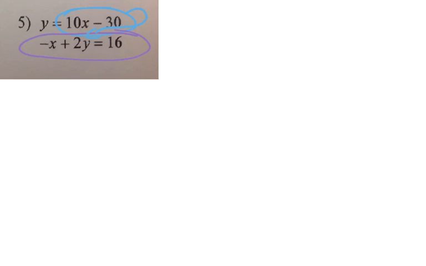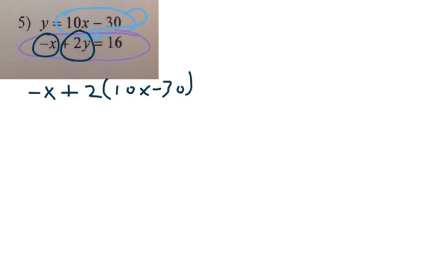So let's see what we end up with. In the purple equation, do we not have negative x there? Plus 2 times y. But remember, it's now going to be 2 times 10x minus 30. Because I, as shown in light blue there, just substituted the other y in for the purple y. And that, of course, will equal 16.